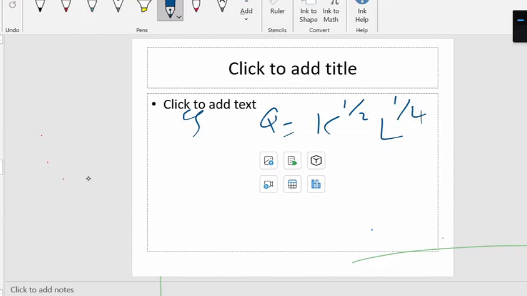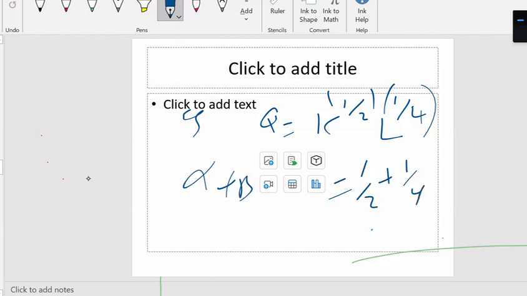What you have to do, this is your alpha, and this is your beta, right? So just take alpha plus beta is equal to what? Let's say a half plus what? 1 over 4. Unapata ngapi? Ukijumlisha hizo za juu, what you get? 3/4.